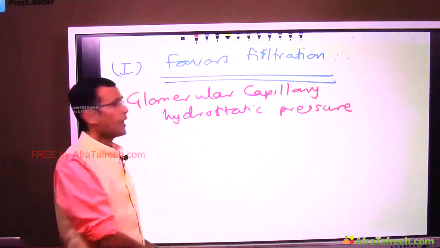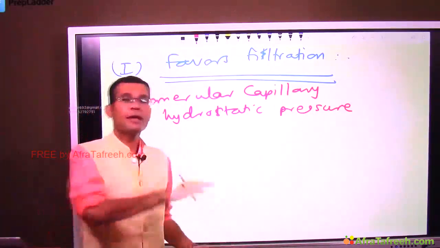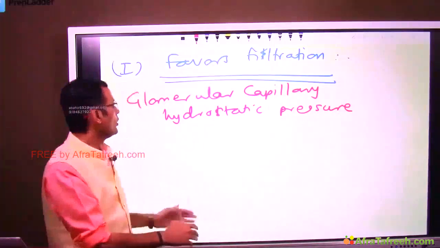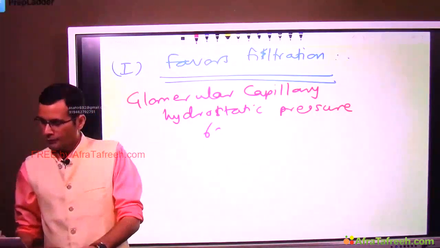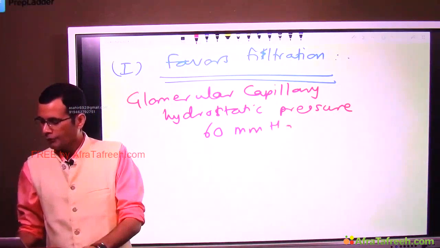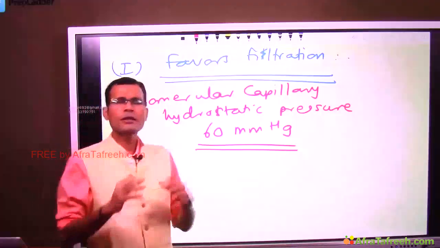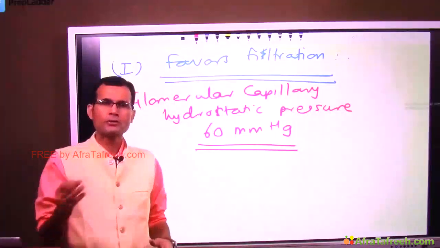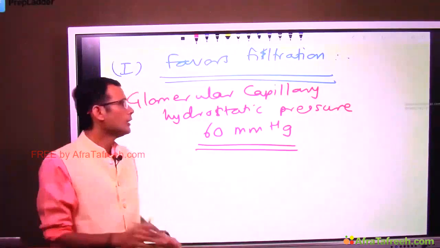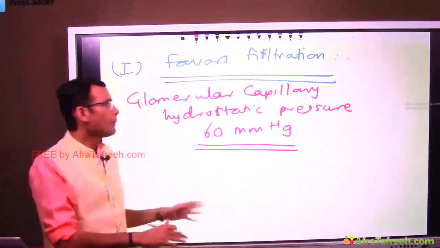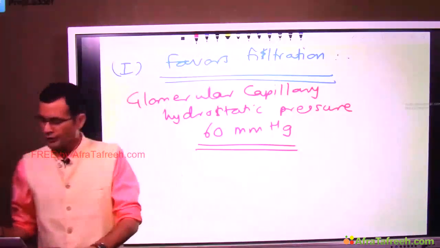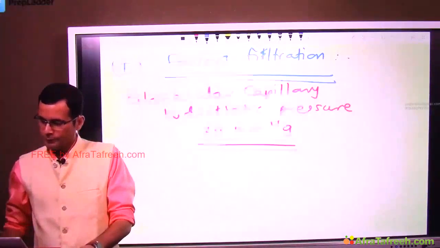In the glomerular capillaries, it is 3 to 4 times that, so it will be 60 mm of Hg. It is 60 to 75; some authors also claim it to be 75. Let's say 60 mm of Hg is a force that favors the filtration.